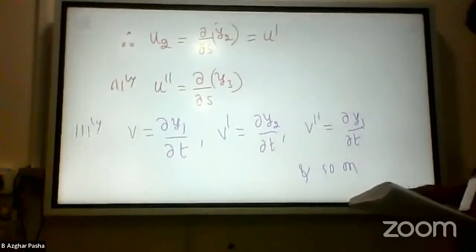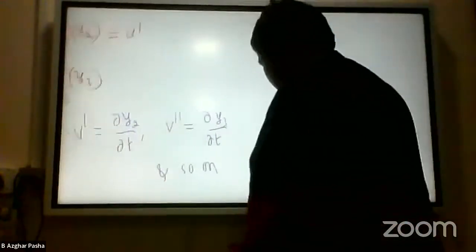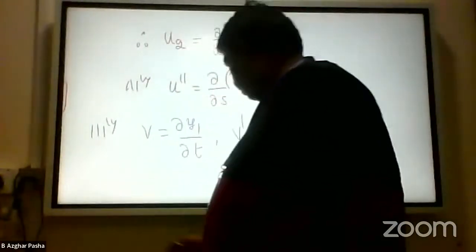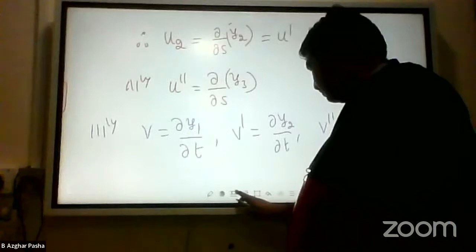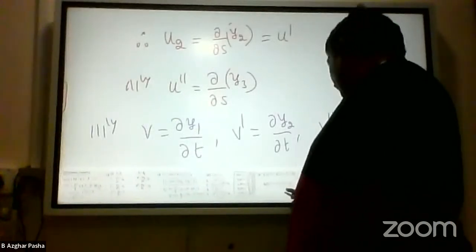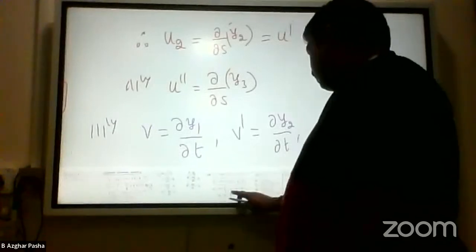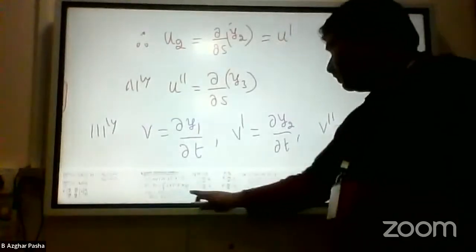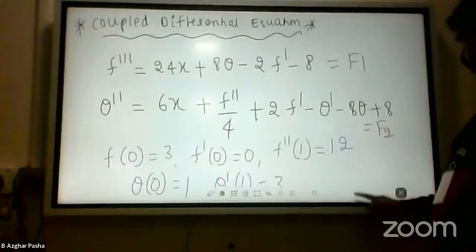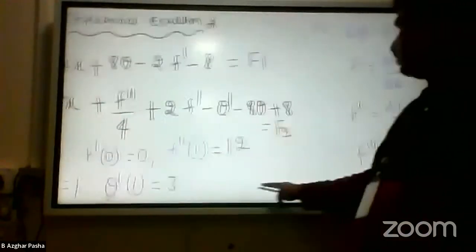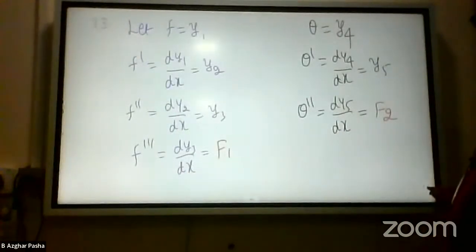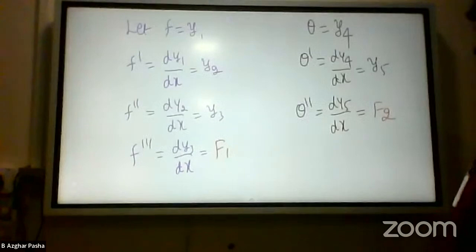Now, the main problem here is this one. I was trying to solve this differential equation, expressed like this, y1 to y5.